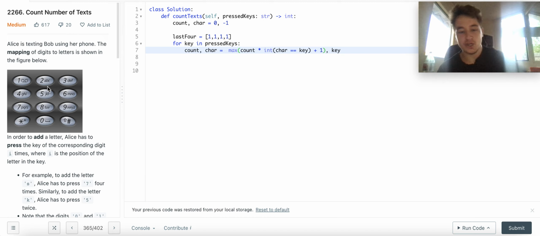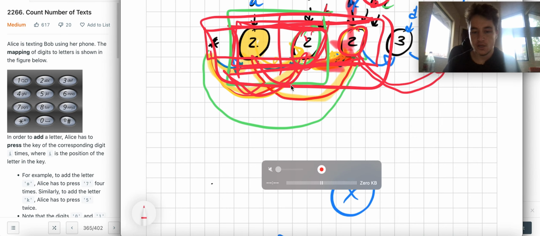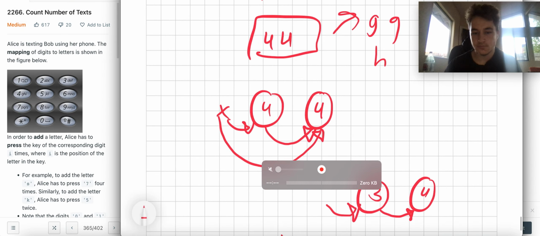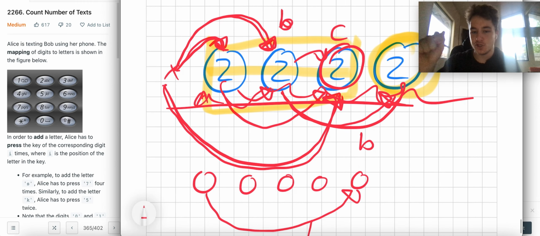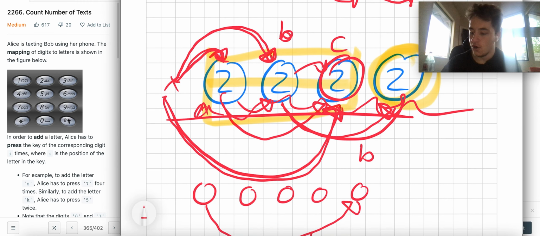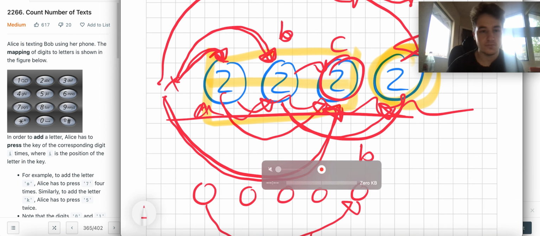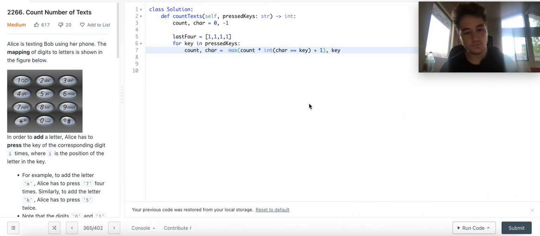After that, you're typing a new sequence of numbers. That's the example that we determined here. If you type 2, 2, 2, 2, you don't get an additional edge like this. Okay, so the max is that.